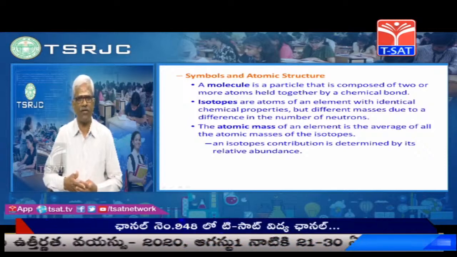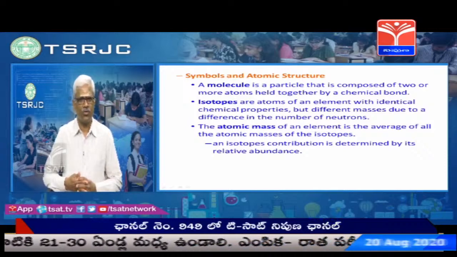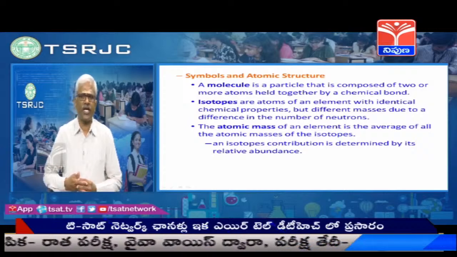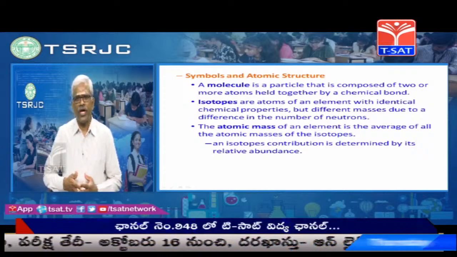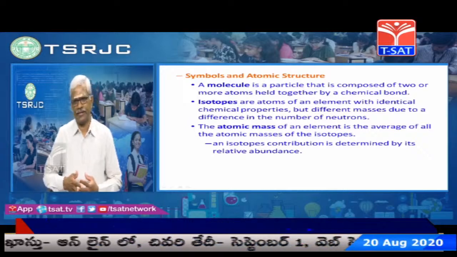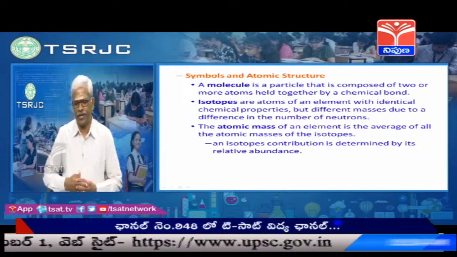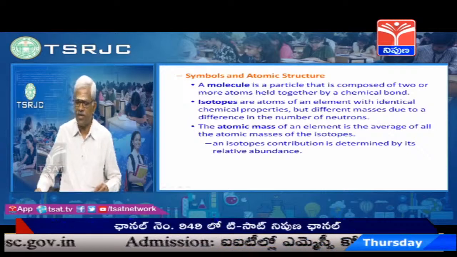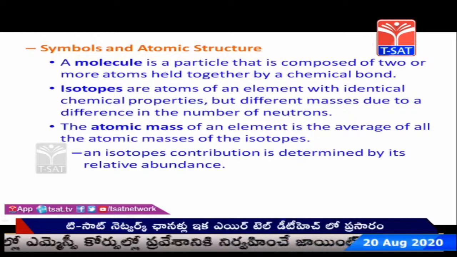Hydrogen is having 3 isotopes, carbon is having 2 isotopes. So, many elements are having different isotopes. So, isotopic atoms are not alike because of the neutron number. The atomic mass of an element is the average of all the atomic masses of those isotopes.